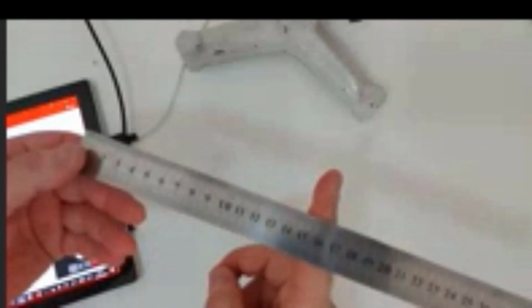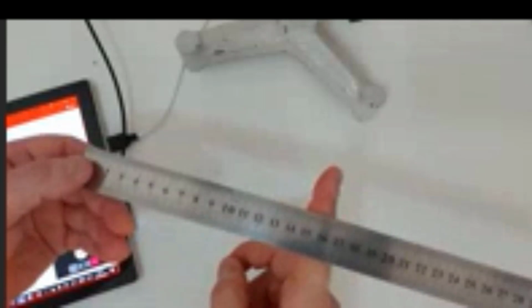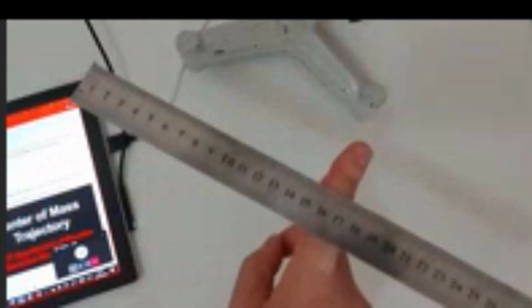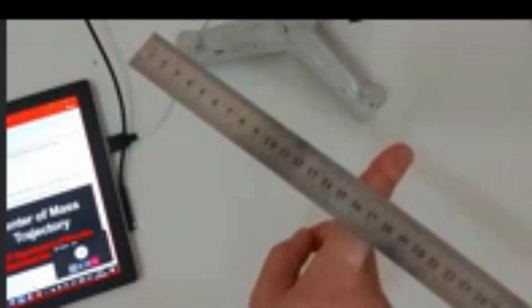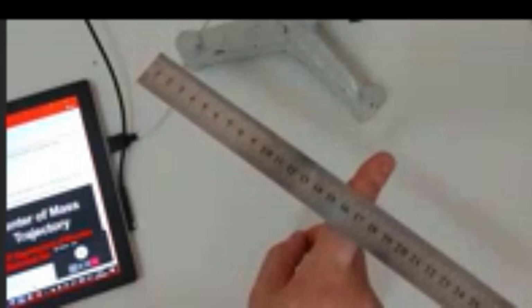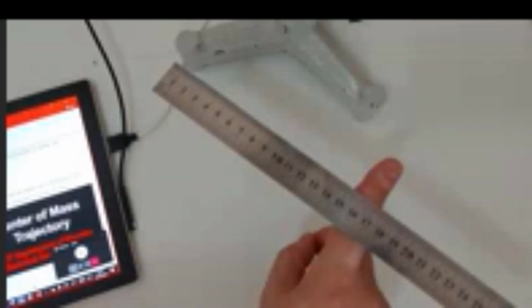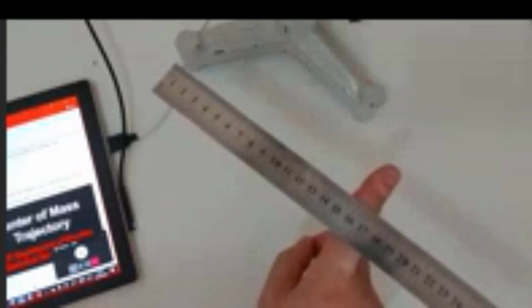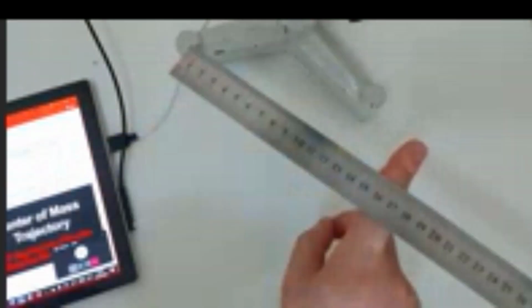When it stays in equilibrium, when I balance it, right here, I balance this ruler from a point in here. So this point is the center of mass of this ruler, which is between 16 and 17 centimeters, right in the middle. 16.5 centimeter, this point right here is the center of mass of this ruler.